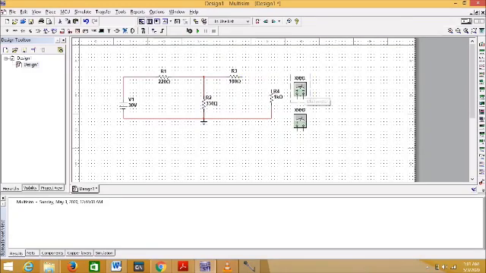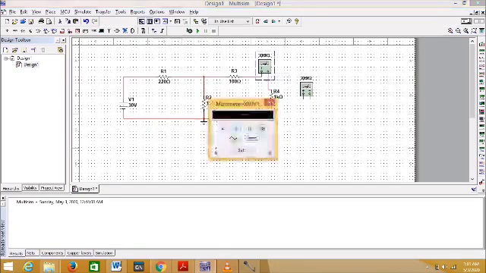So to calculate current, I need to make this multimeter to be operated as ammeter. This is voltmeter, so I should opt this to be operated as ammeter.